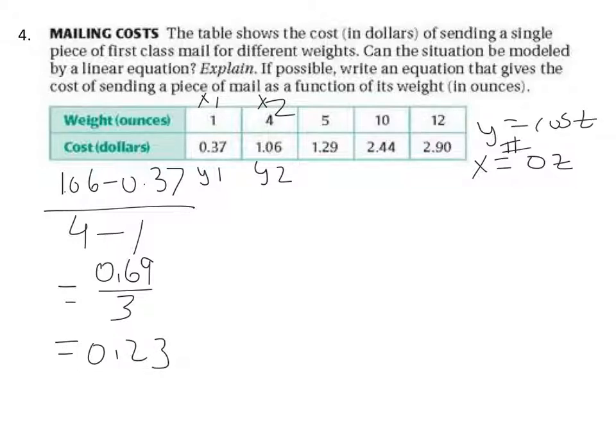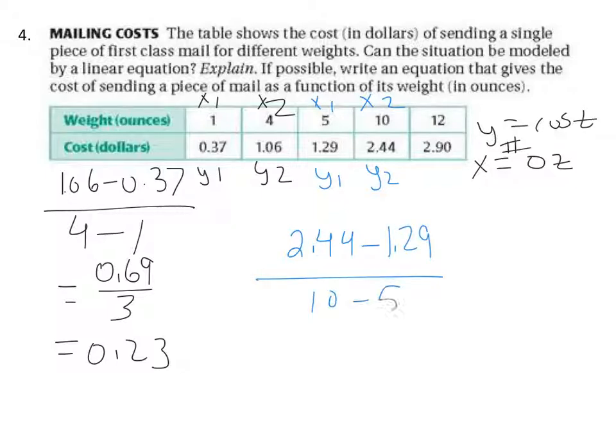Now, what I'm going to do is make this x1, x2, y1, y2. So now I have (2.44 minus 1.29) over (10 minus 5).